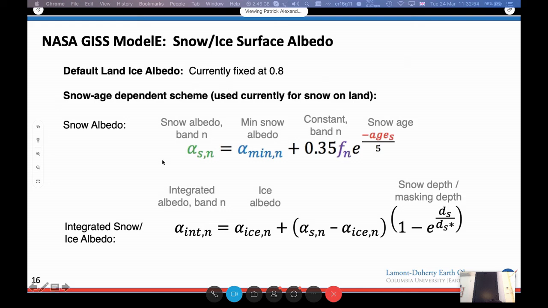And so we can also apply that over ice sheets. It's a pretty simple parameterization, but it captures how snow is changing over time. And then over ice sheets, we also have an ice albedo and a snow albedo, and the integrated ice sheet albedo can change as a function of snow depth over ice.